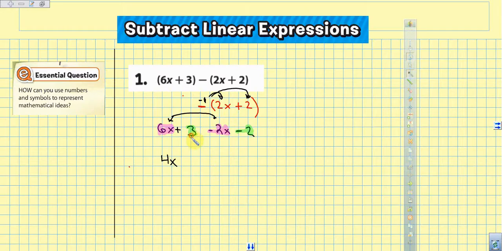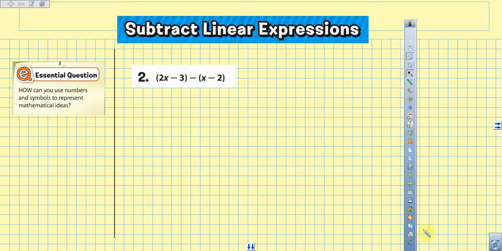We have a 3, and we have a -2, which now is going to be 1. So when I'm said and done here, I distributed the negative, combined the like terms, and I get 4x plus 1.